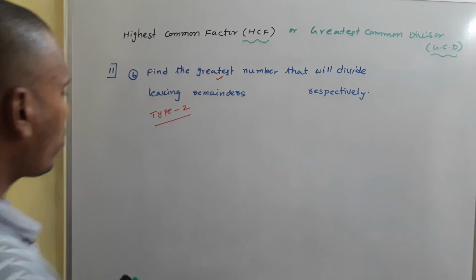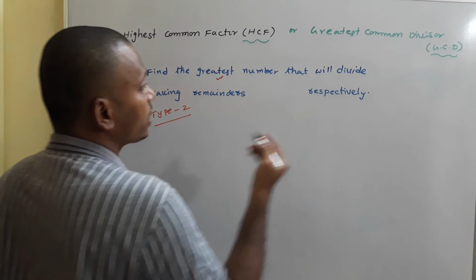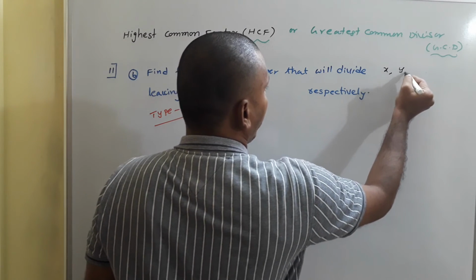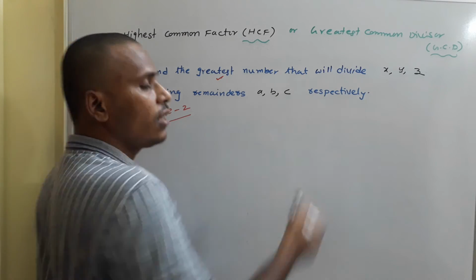If you wish to formulate this type 2, I am going to give you a general formula. Find the greatest number that will divide x, y, z, leaving remainders a, b, c respectively.